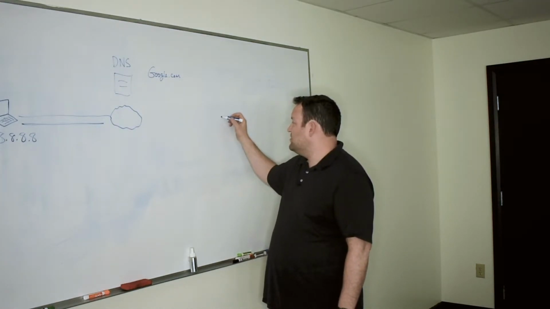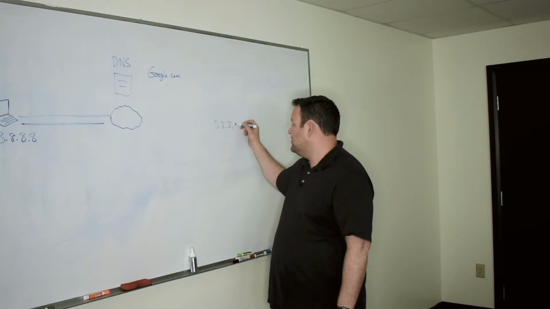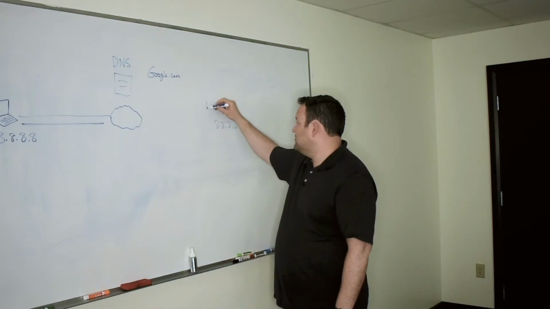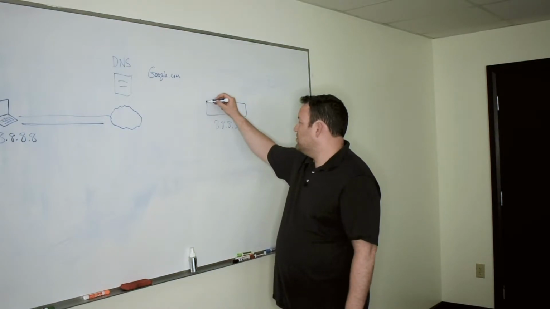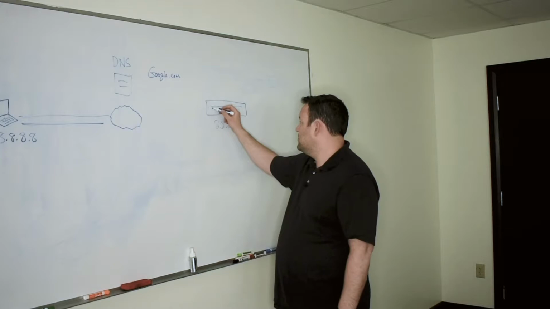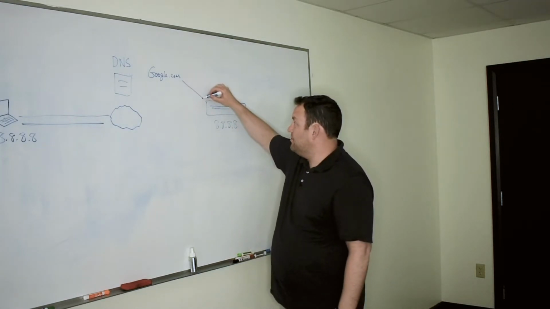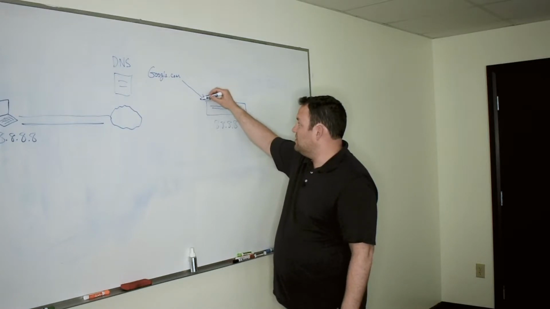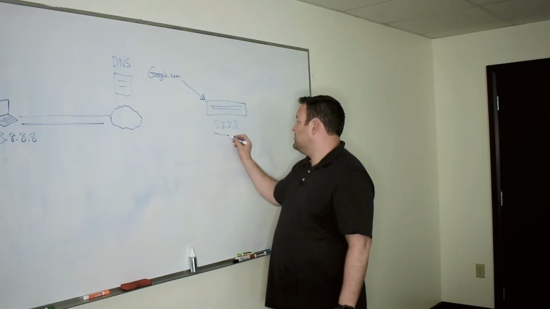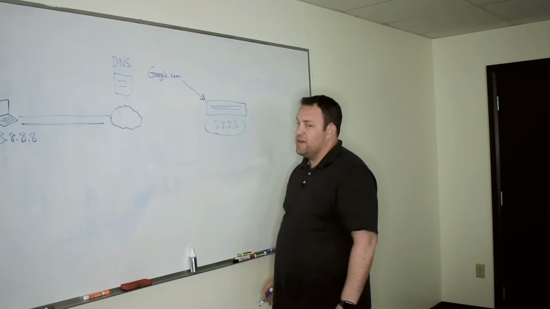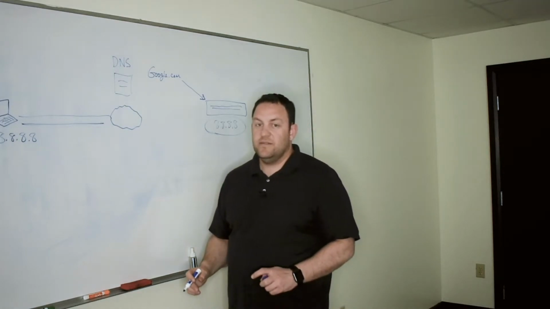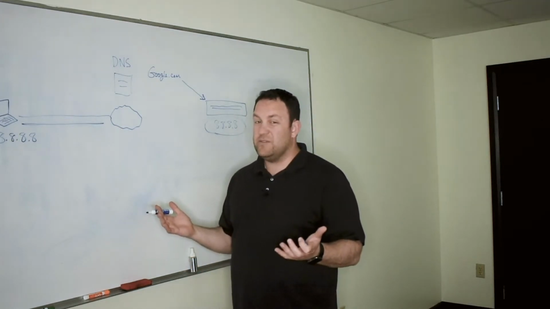In this instance, it's going to send them to 8.8.8.8. And somewhere out there is a big web server that houses Google.com, and it lives at this address. That's about how simple it is.